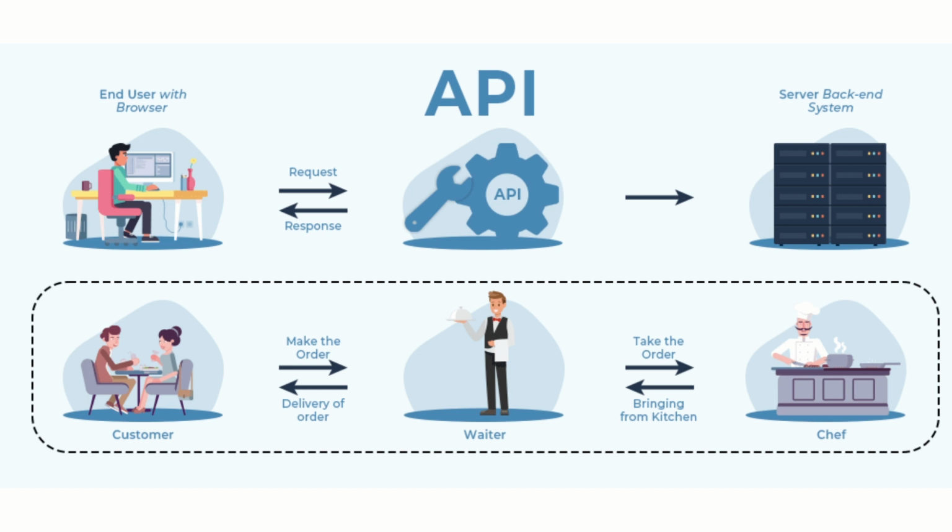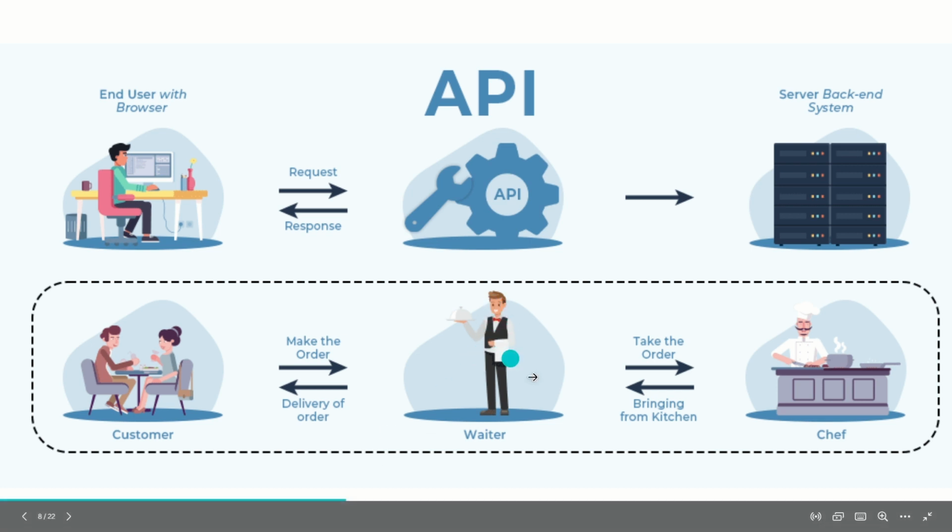So when you go to restaurants, now you're a customer, you're just going to sit on your table, you're going to look at the menu and you're going to make an order. Now once you make an order, the waiter will take your order and he will go to the chef, or he'll just pass it on to someone else. You do not know what is happening in the back because you just give your order to the waiter and you're just waiting there.